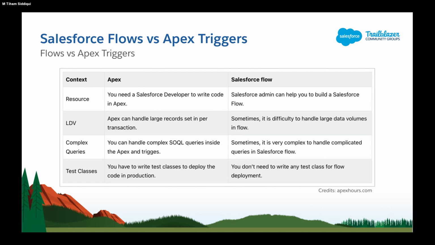In the context of test classes, if you have Apex triggers or Apex classes, you need a test class for unit testing, and this should cover at least 75% of your code in order to deploy it to production. With Salesforce flows, you don't have to write test classes. You have flow tests, which are recommended but not required.